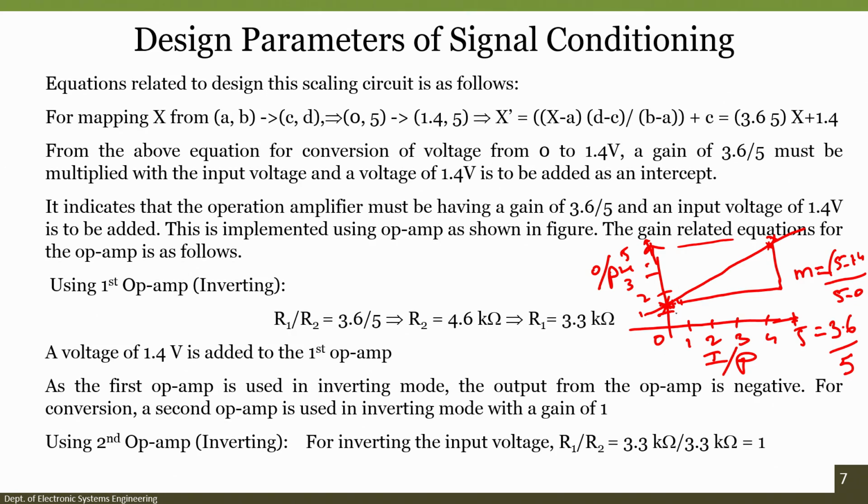So, this is the slope that I get. If I need a range from 1.4 to 5 volts for a 0 to 5 volt input, and I draw an intercept point, then the slope of the equation is 3.6 by 5.